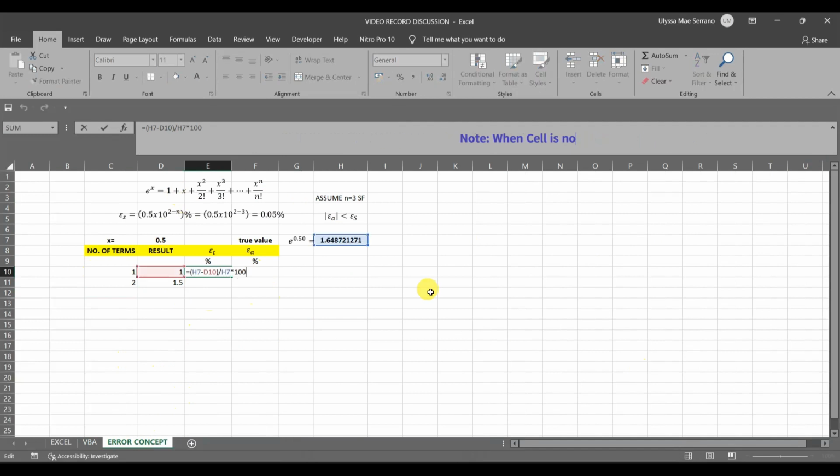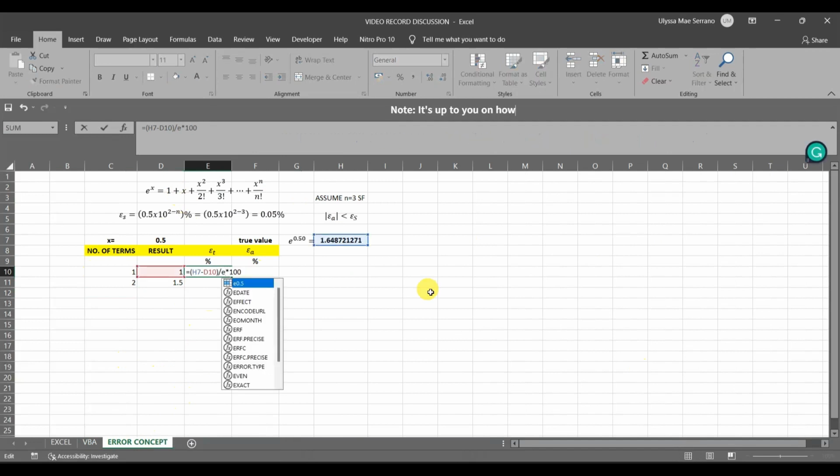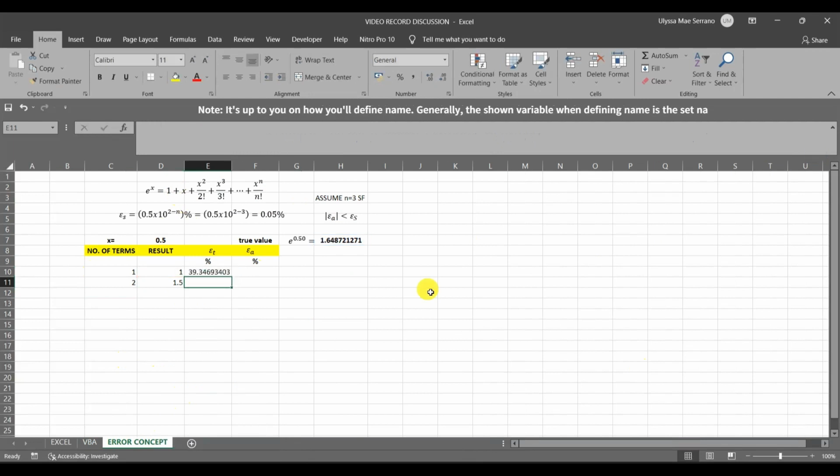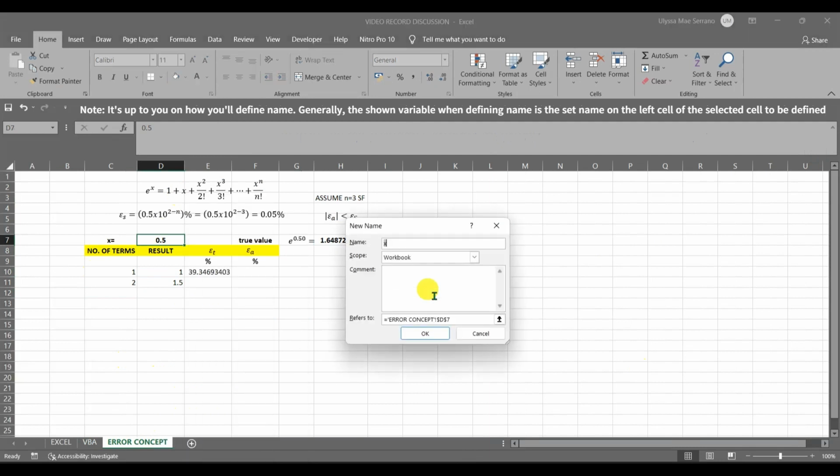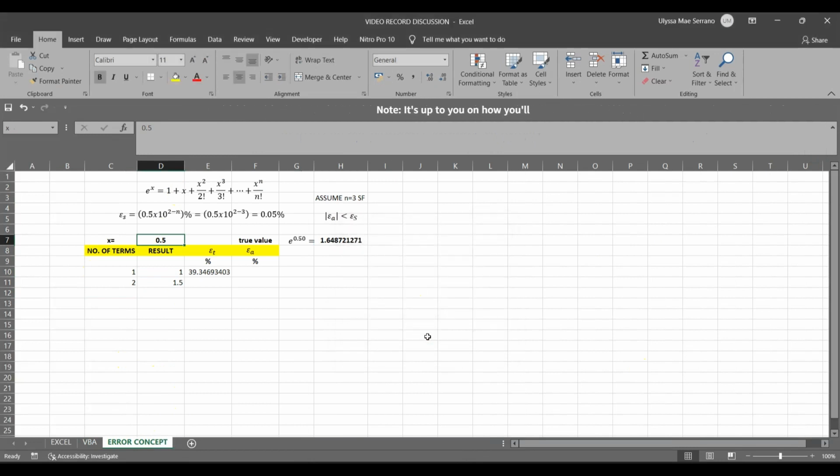So, palitan natin to e^0.5. So, define natin the value of x. So, this will be as x. We already have here the second estimate.